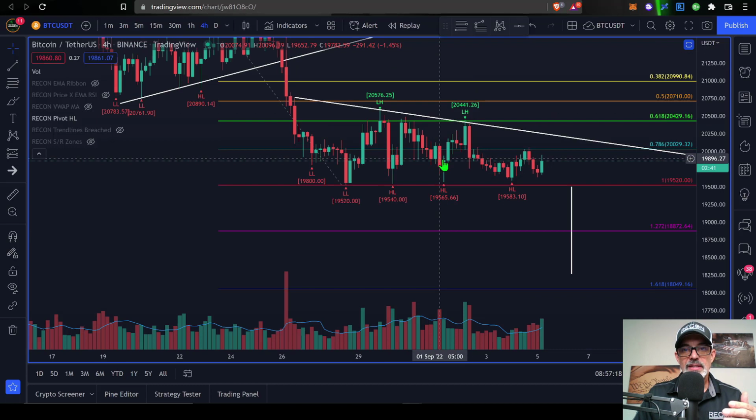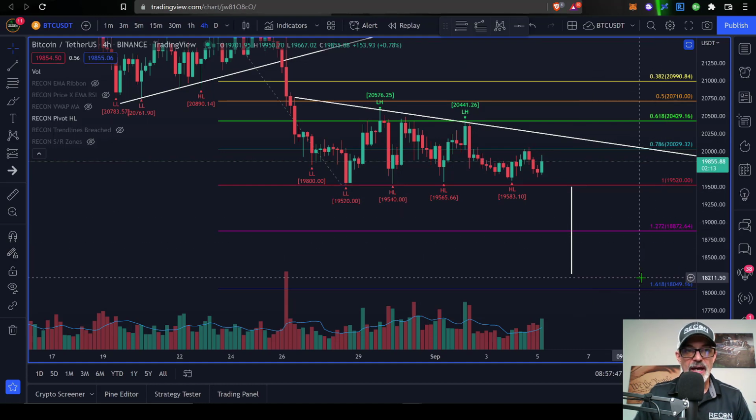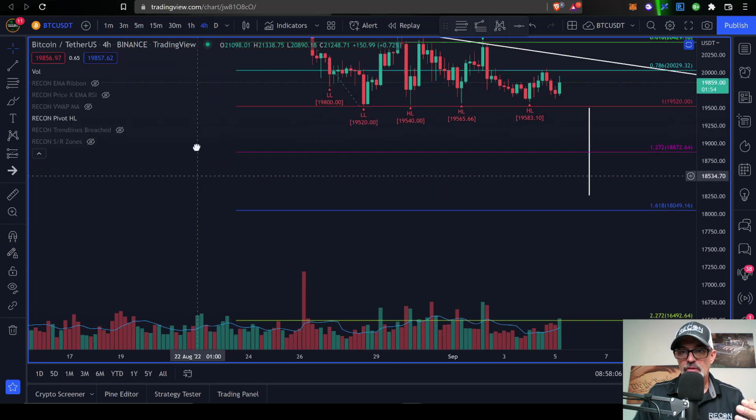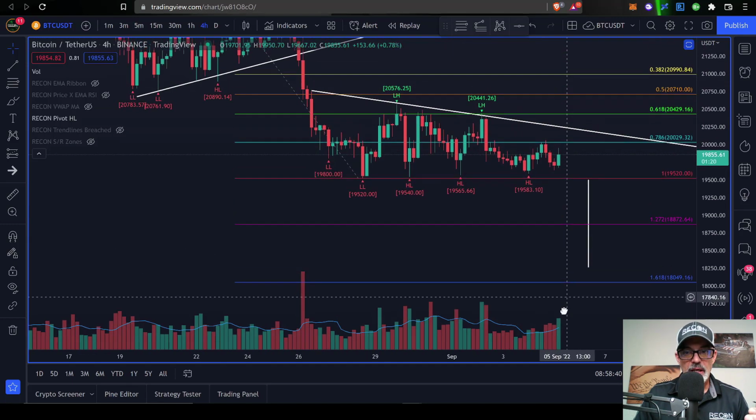And so at the end of the day, if this bearish pattern plays out, at a minimum, we're probably looking back at around 18,900. After this 1.272 level, then we're looking back down at around 18,000. Now, beyond that, the next Fibonacci retracement level is all the way down here around 16,500, and that would be the 2.272 Fibonacci level. But that's kind of getting ahead of ourselves.